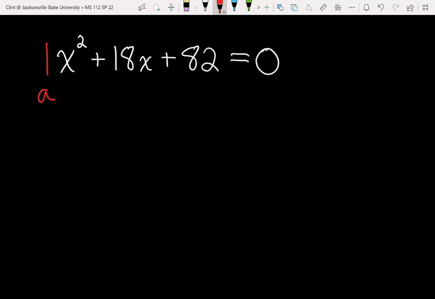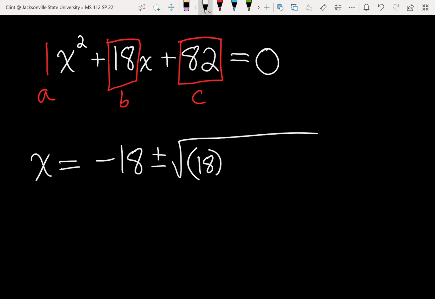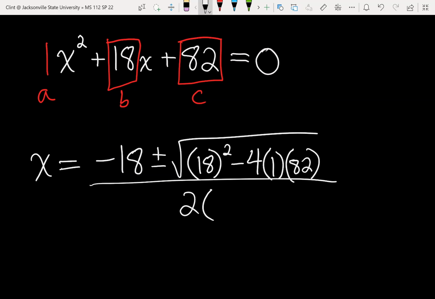This time b is positive 18. c is 82. So break out our quadratic formula. We want the opposite of b, so negative 18 plus or minus the square root of b squared, so 18 squared, minus 4 times a, c, over 2a.